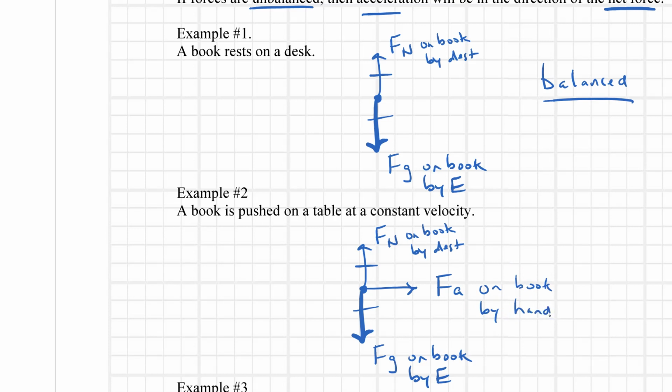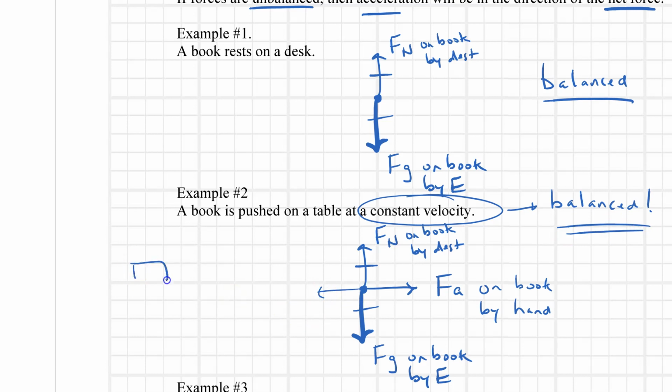Now at that point, if I stop there, there's no way this would be a constant velocity, because right now it's unbalanced, and if it's at a constant velocity, that means that they need to be balanced. So how would I balance it? Well, there must be some force that is equal and opposite in this direction. And if I think about the situation of a book being pushed along a table, it's probably the force of friction.